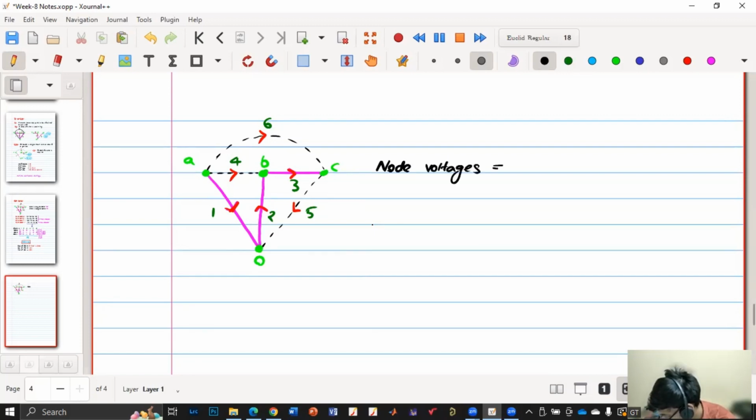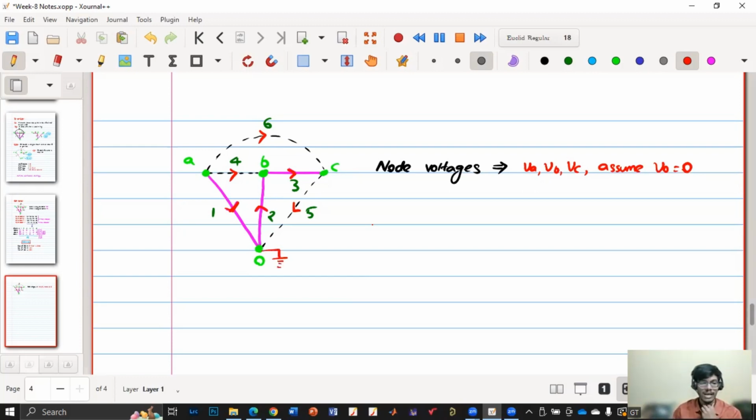So what are the node voltages here? VA, VB, and VC. Assume VO is equal to 0. VO is our reference, which I will consider to be grounded.